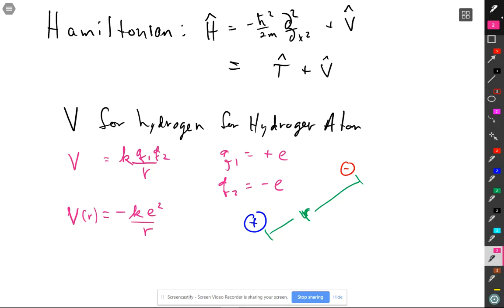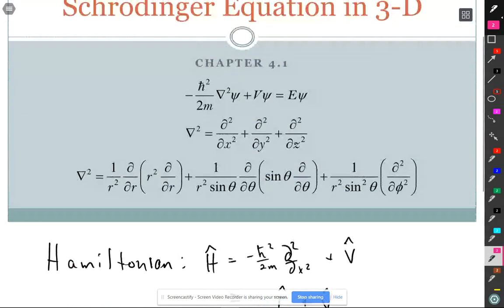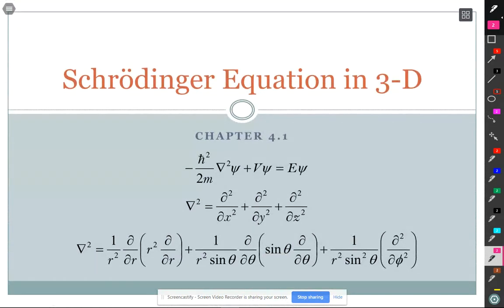So when we put this into our Hamiltonian, the potential energy only depends on r, and that's going to mean that spherical coordinates are going to be the easiest way to solve it. So this here is called the Laplacian.